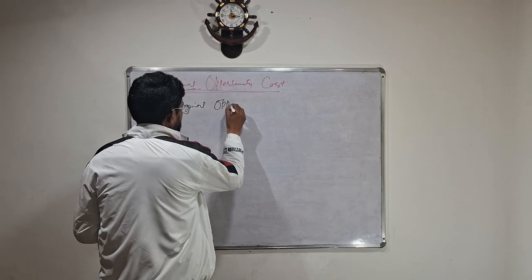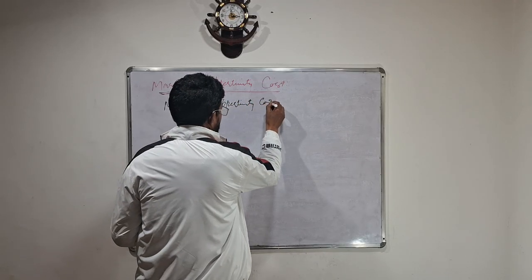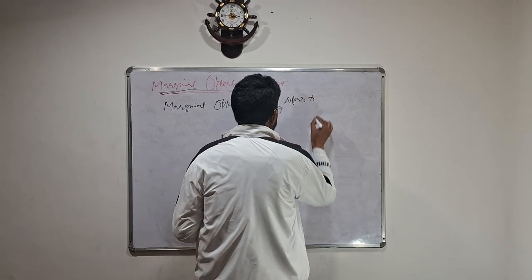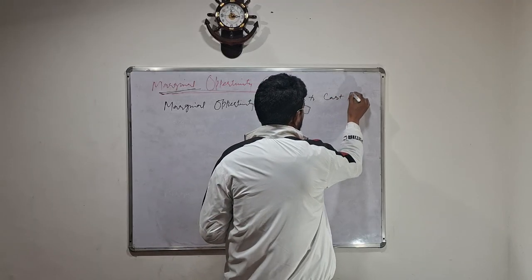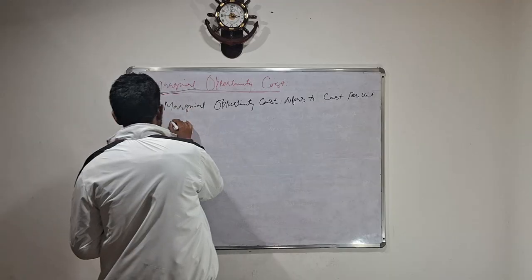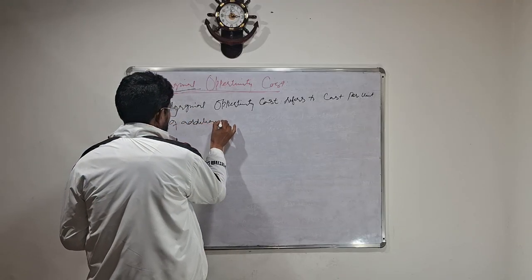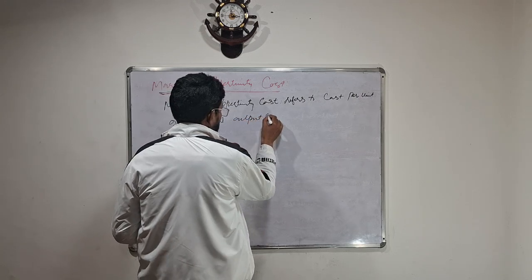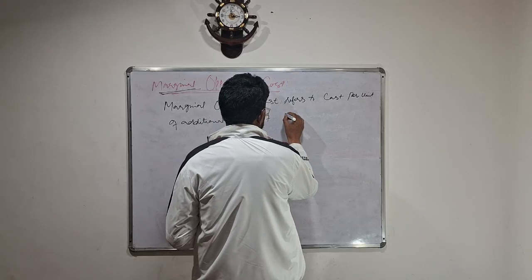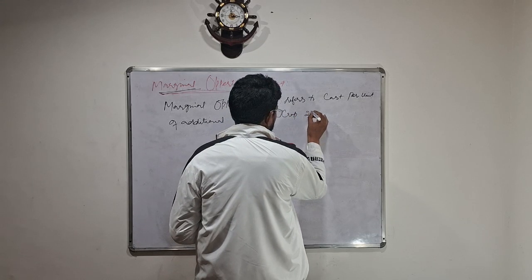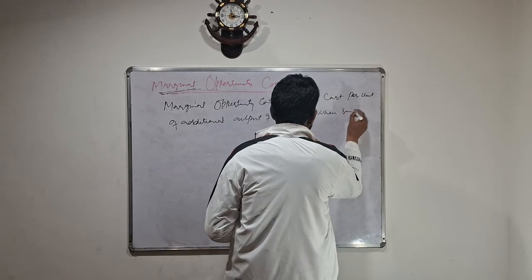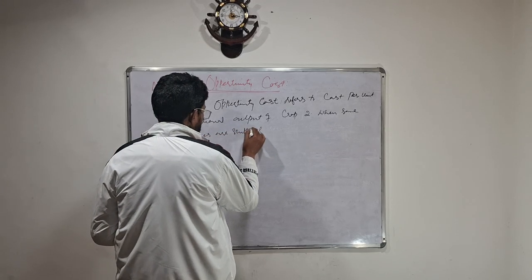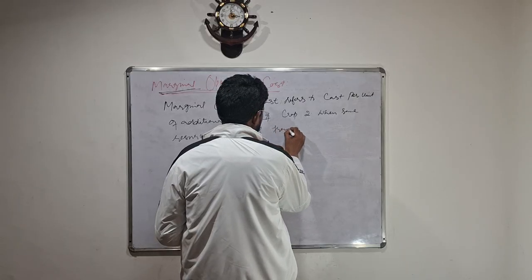Marginal opportunity cost refers to the cost per unit of additional output of crop second when some resources are shifted from one use to another.